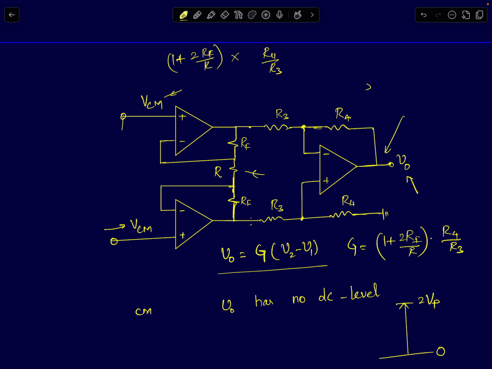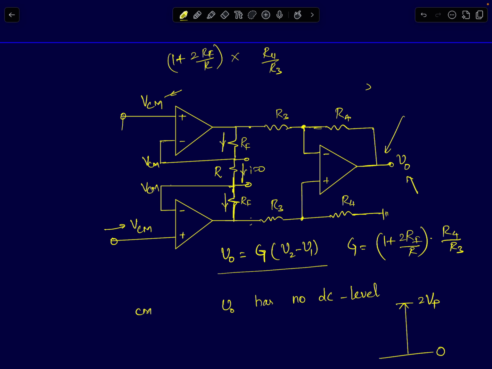Then if I do a quick analysis of the circuit, the voltage across this resistor, this node will come to VCM, because it's an inverting amplifier and non-inverting amplifier in negative feedback. So V plus will be equal to V minus. So this node will come to VCM. The current flowing through the resistor will be 0. The current flowing through both the resistors, RF and RF, will also be 0.